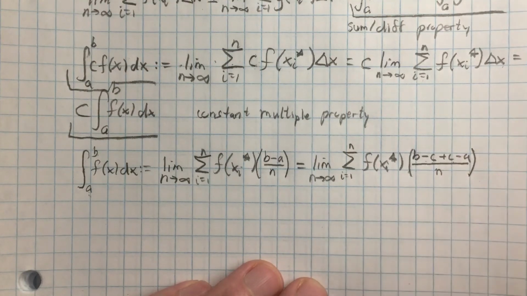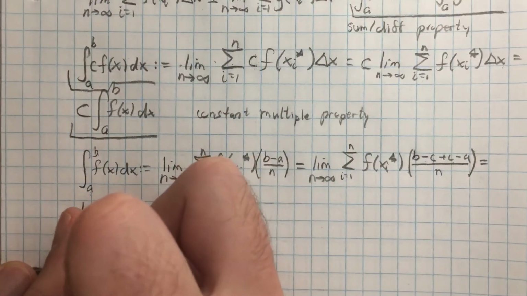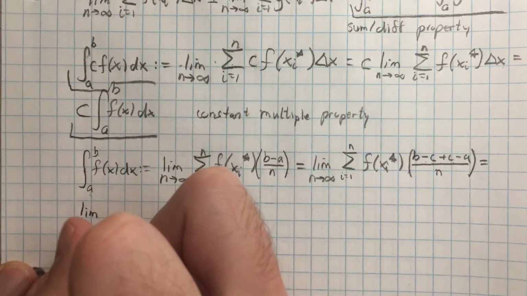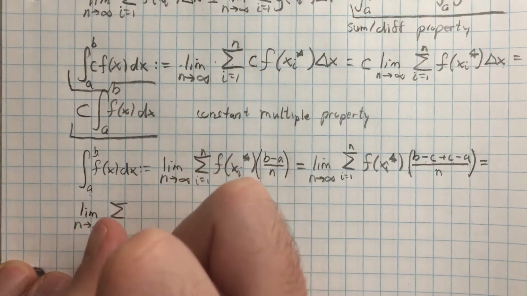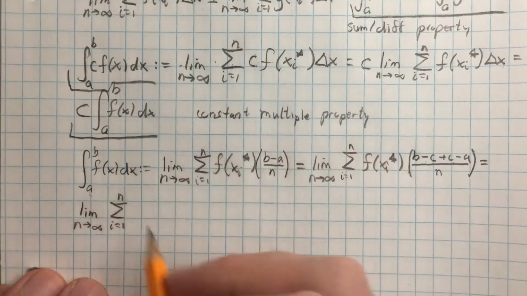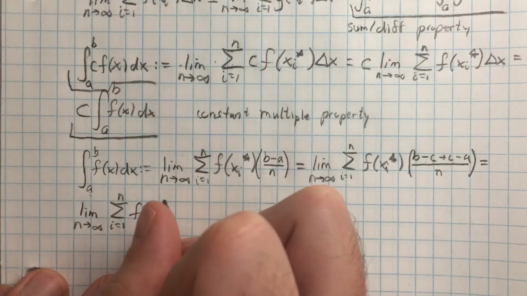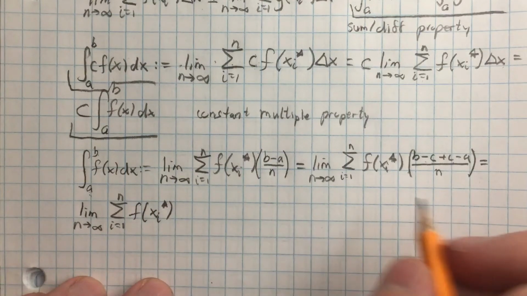All right, so now we can split this up. The limit, and use the property of summations and limits again to get the desired effect. So f of xi star.